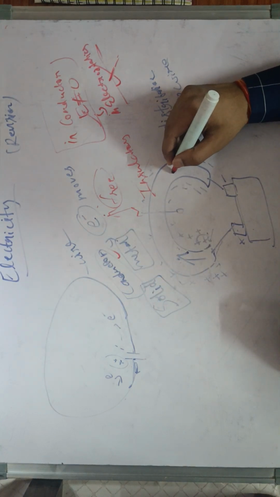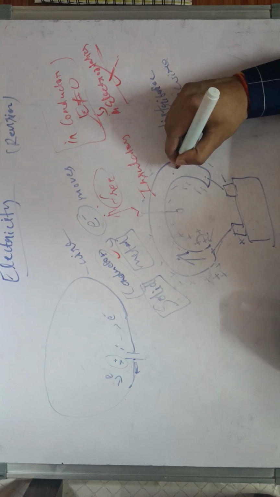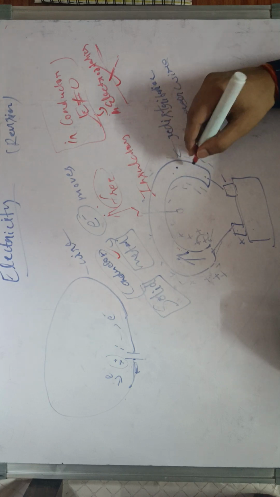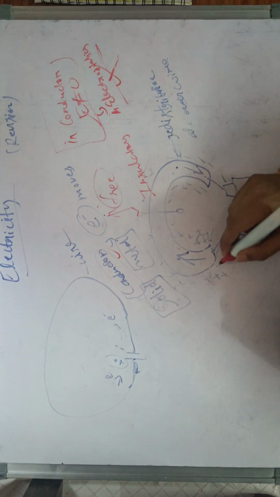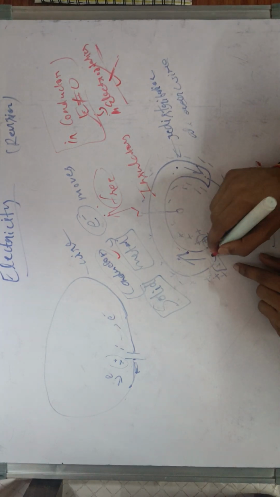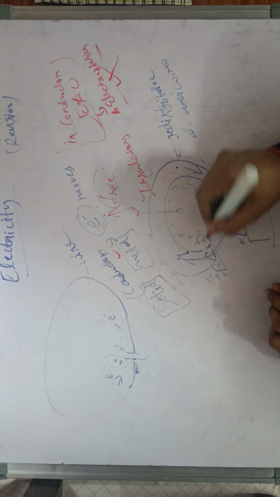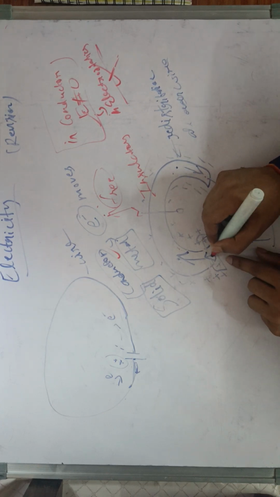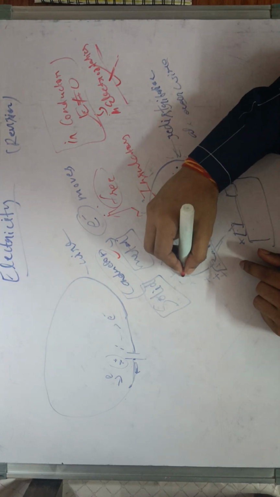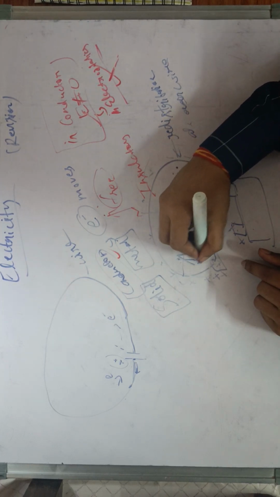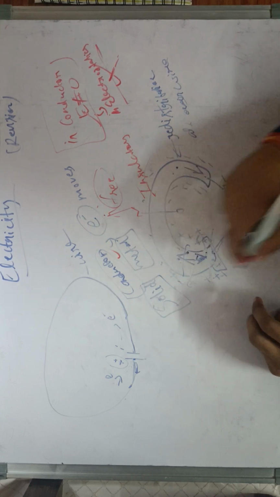Similarly, here there is less negative charge and here more negative charge, so the electric field will point in this direction, because the field due to the larger charge is greater in magnitude than the field due to the smaller one.